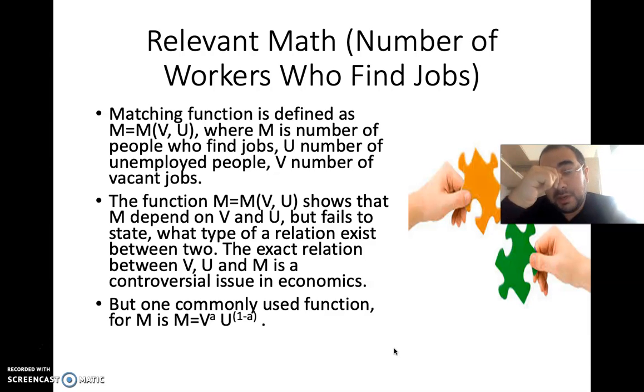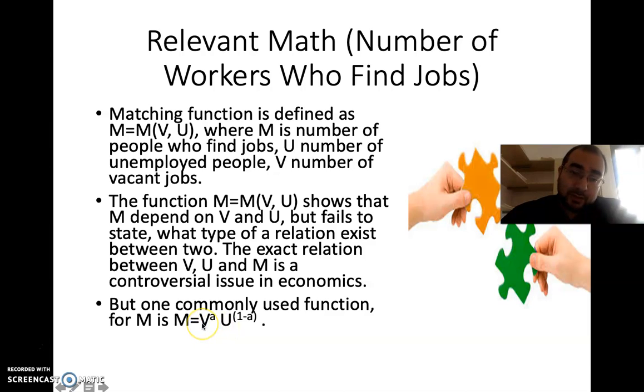Of course, if one of them is larger than the other, if unemployment is larger than the vacancies, then at the equilibrium, as I said, no new person is fired, no new job is created, no new person enters the labor market, no one dies and exits from the labor market.